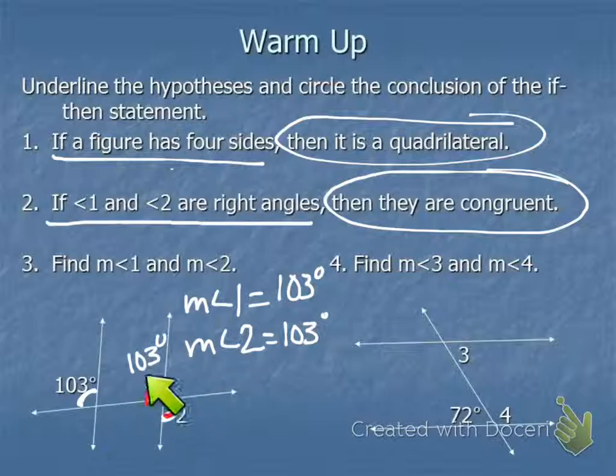Starts with a V. Not horizontal, but... Oh man, you guys. Vertical angles! 1 and 2 are vertical angles, and vertical angles are congruent.